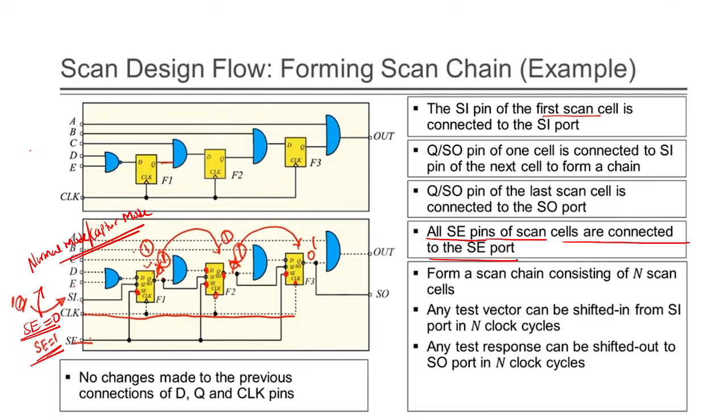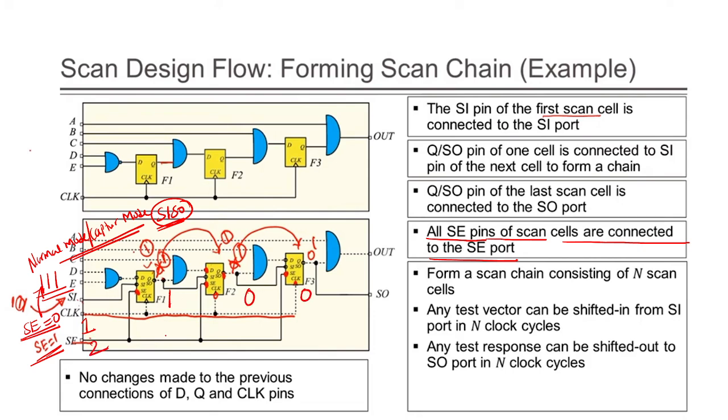Suppose you are giving some sequence of data, 111 is there. So 111 means what? At the first clock pulse, 1 will be shifted, serially it will be shifted. Serial in, serial out. First, it will be loaded through this serial in. At the first clock pulse, here you will get 1 0 0.